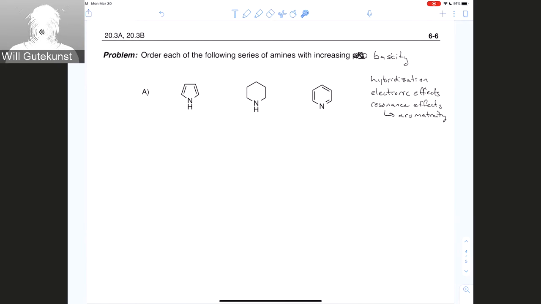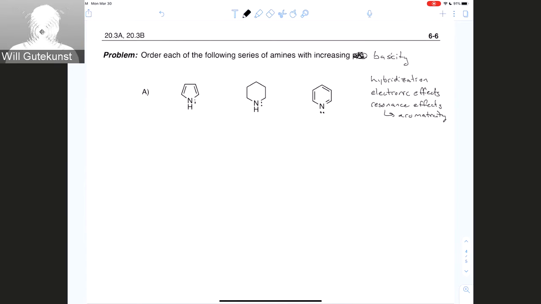We want to see what is the hybridization state of each of these nitrogen atoms. So nitrogens that have more S character will be more electronegative, so they really want to hold on to their lone pairs. So each of these nitrogens have a lone pair, and this is the basic component of any of these amines.